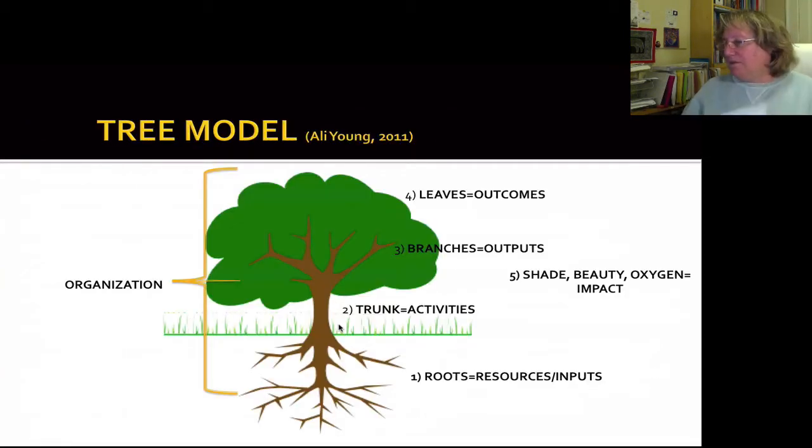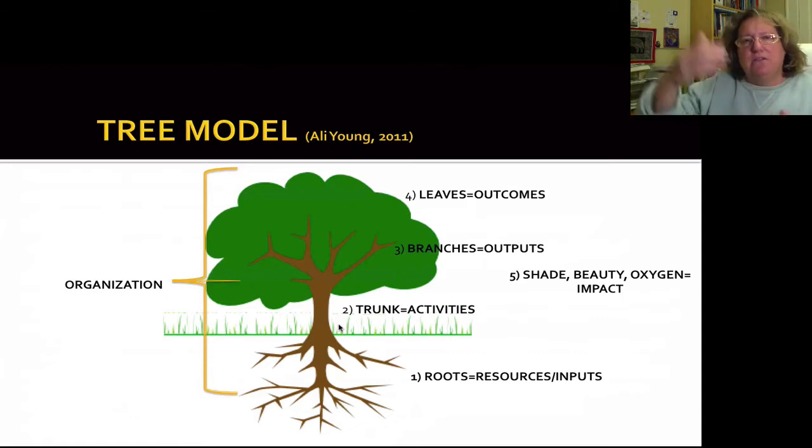So I want to now take a step into looking at logic models, and there's what we call, one of our community students, Allie Young, crafted this for us a number of years ago, and what she framed was really, if you start at one with the roots, so it's really about aiming to demystify a logic model, and it's really about, think about how a tree grows and what it does.